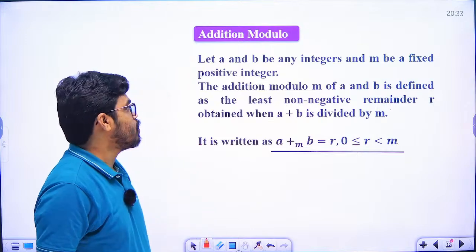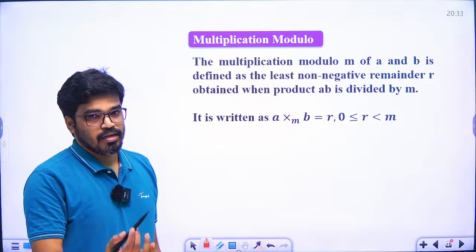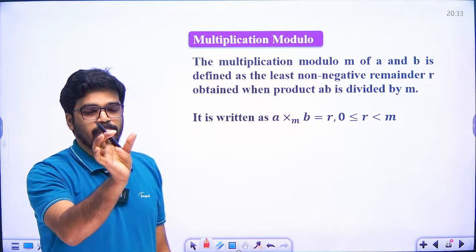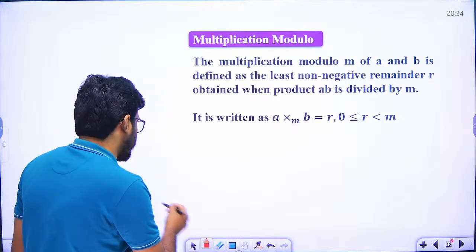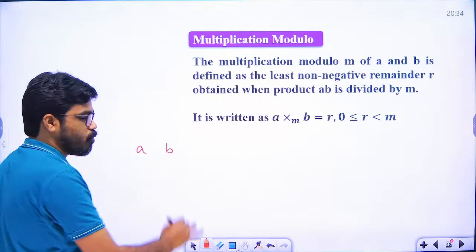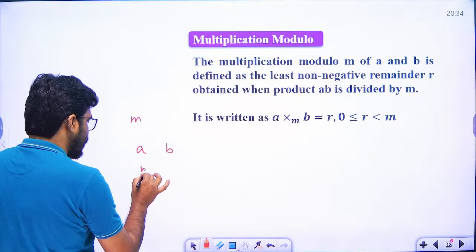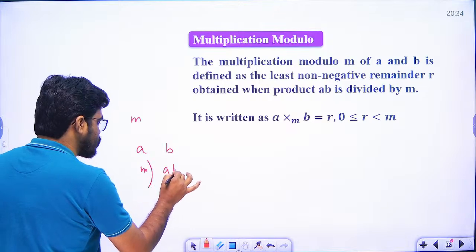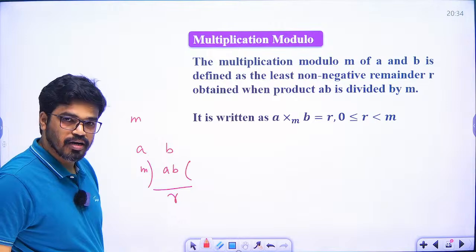Similarly, what is multiplication modulo m? Previously it was addition, where a plus b is divided by m and the remainder is the answer. Similarly for multiplication, suppose a and b are two positive integers and m is a fixed integer. We divide ab by m, and the remainder is the answer.